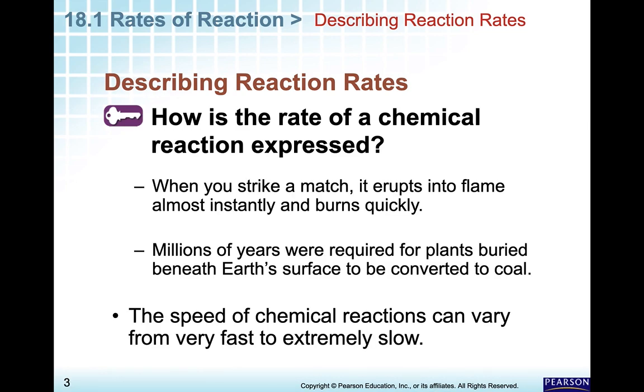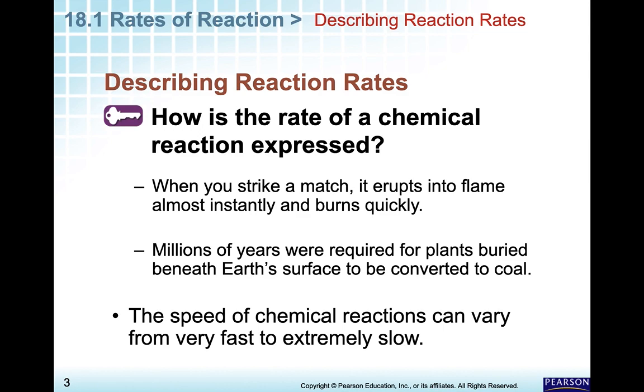To give you an example, striking a match is a chemical reaction, and this is clearly something that happens very quickly, right? In the span of a second, you strike the match, and now you have a combustion reaction happening, you have fire being produced. It was near instantaneous.